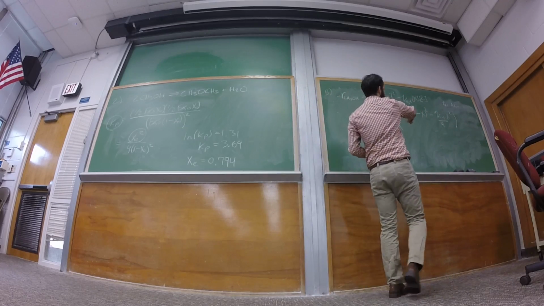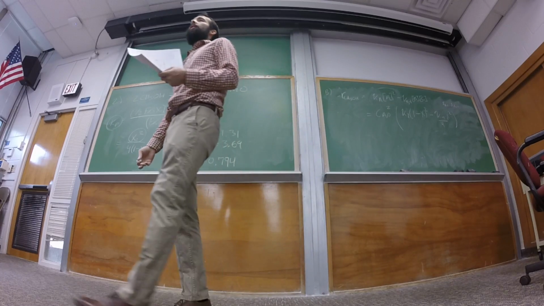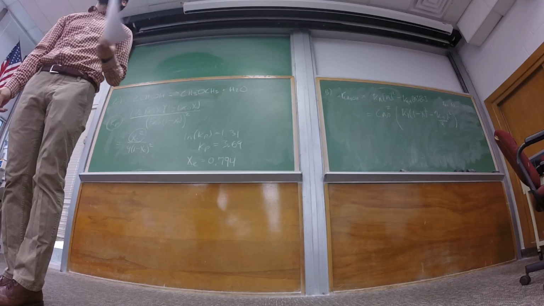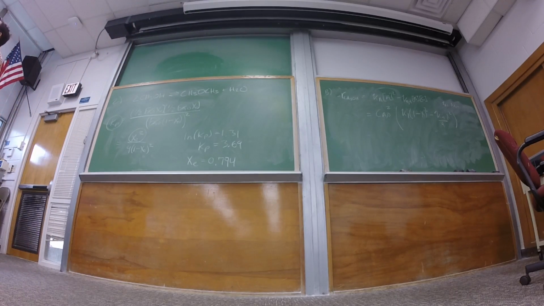And again, if you set this interior part to 0, you can rearrange, solve for the equilibrium conversion that way. So that's another way. I think Vogler uses that approach sometimes when it comes to solving for equilibrium conversions, is he writes out the rate equations. I just start from the definition of an equilibrium constant. I find it easier.